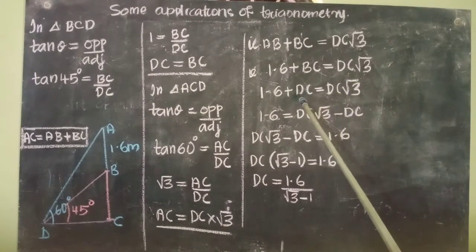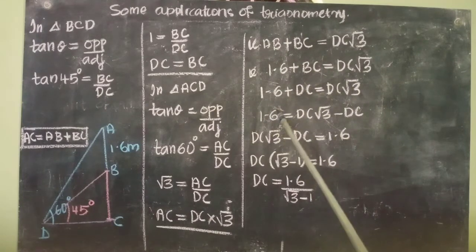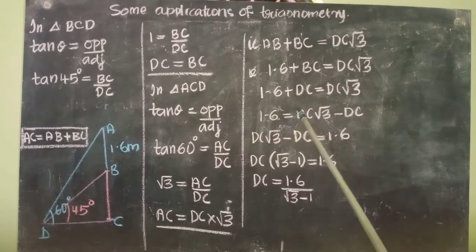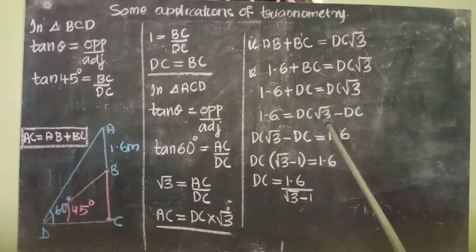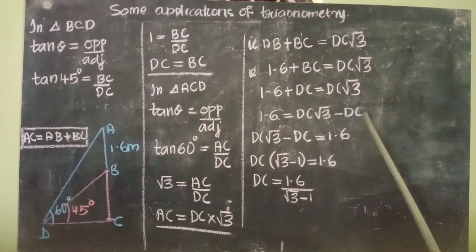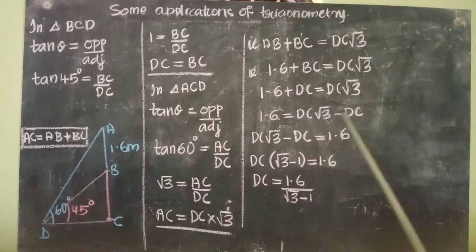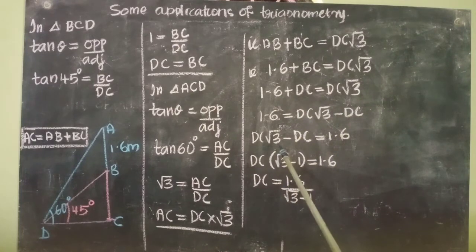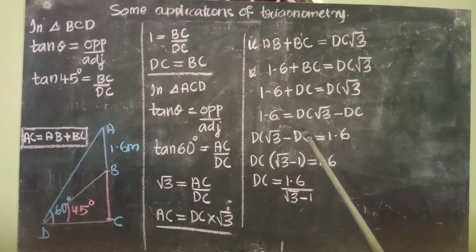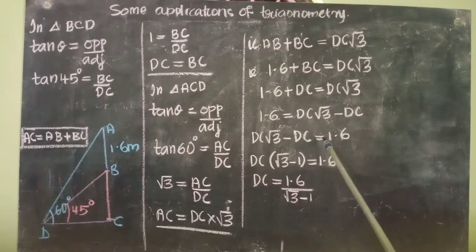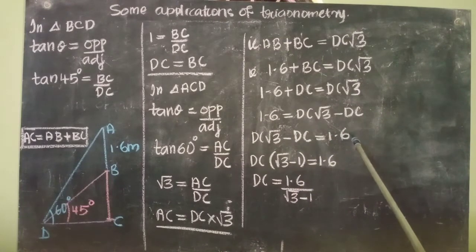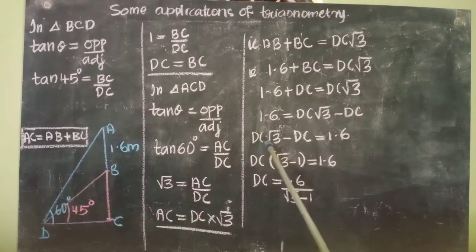Let us take this DC to right side. We get 1.6 equal to DC root 3 minus DC. Let us change the sides. We get DC root 3 minus DC equal to 1.6. DC you can see here common. We can take it outside.